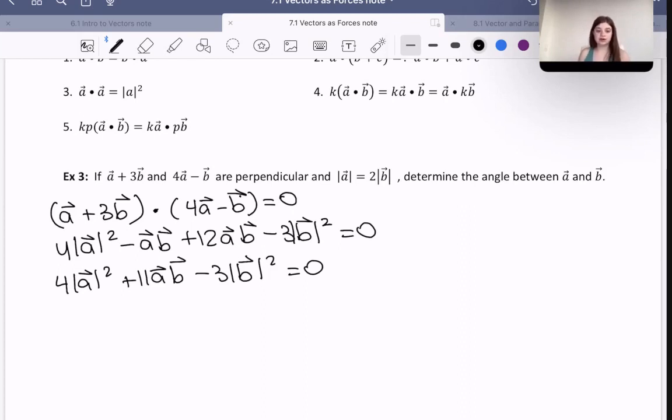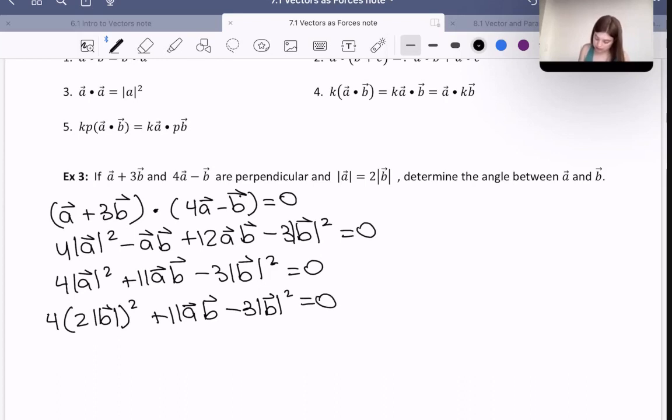So let's argue that this is the same thing as 4 times (2b) squared plus 11ab minus 3b squared is equal to 0. Good. All right. Let's continue. What else can we learn from this?